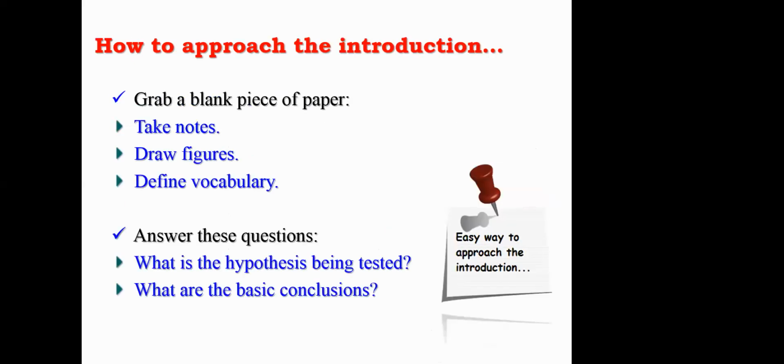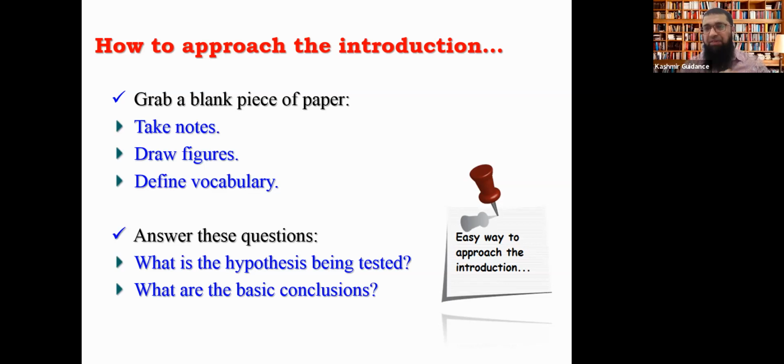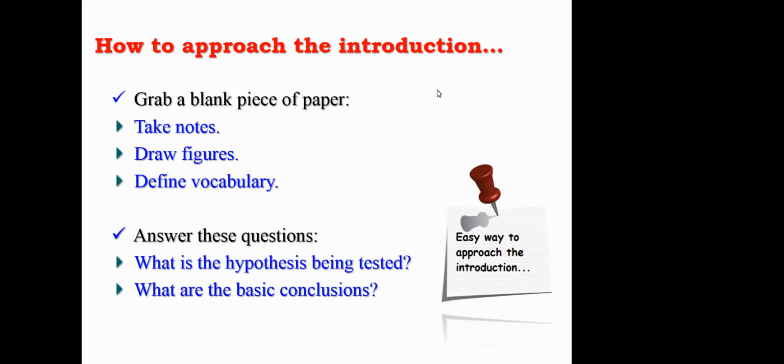Now, after you know that this paper is good for you and you understand it well on the basis of the abstract, what I told my students is that they should now start reading the paper.